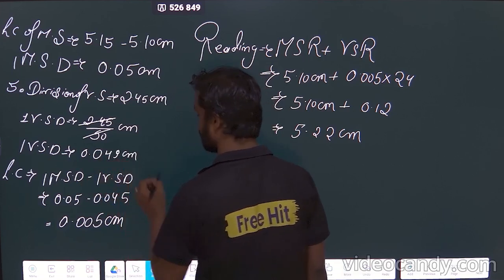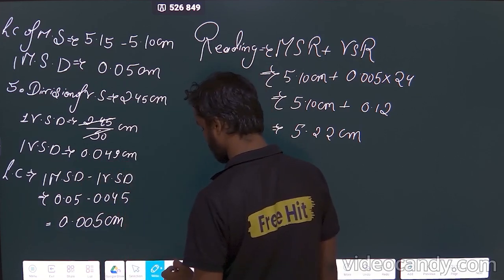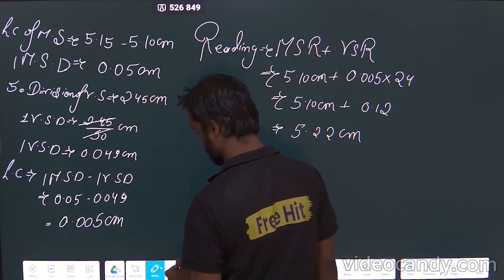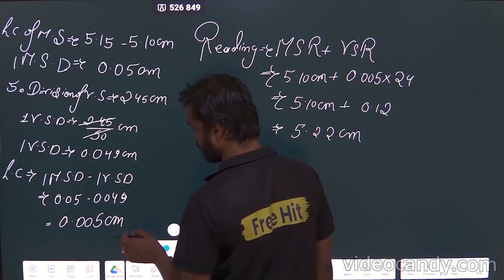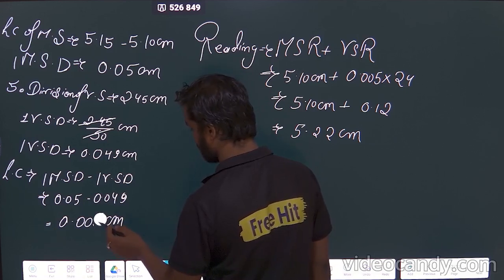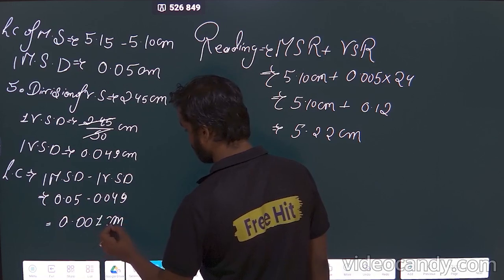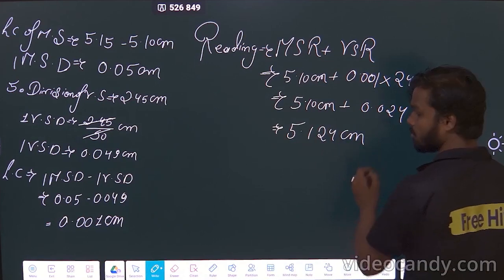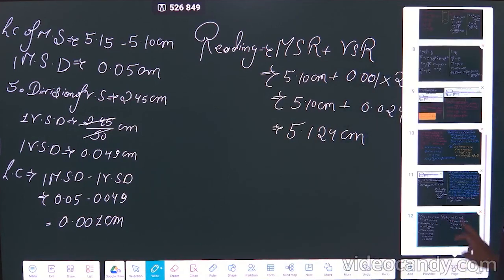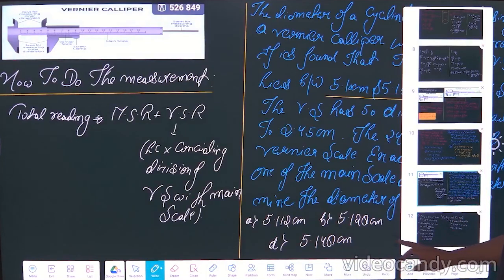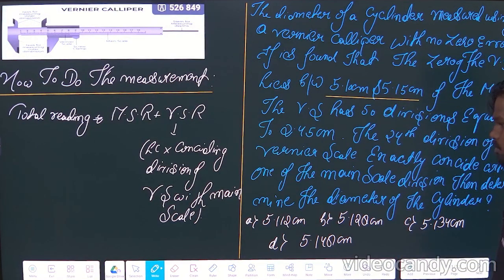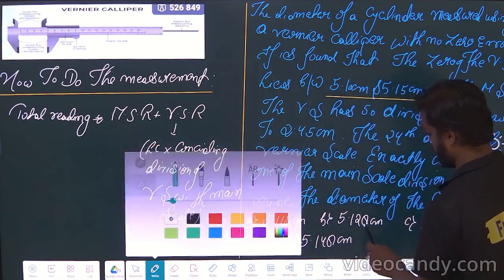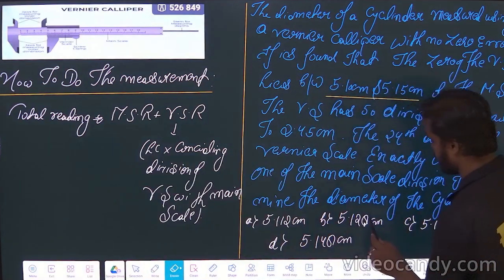So this is 0.005 centimeter, not 0.05. 0.005 into 24 is 0.12 centimeter. So the reading will become 5.10 plus 0.12, which is 5.22 centimeter. Is there any option? Oh sorry, this is 4, not 8.